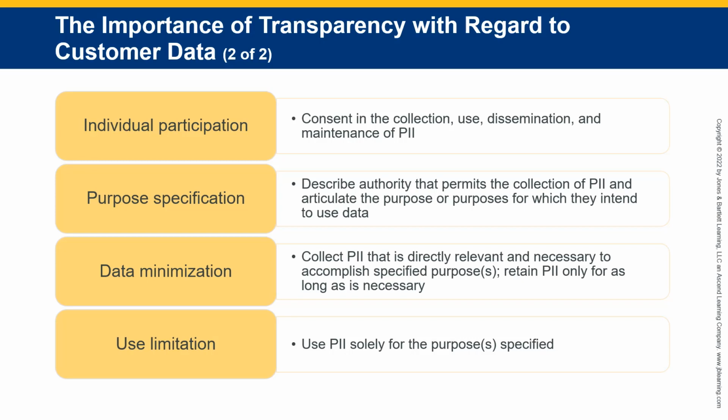Data minimization. Collect PII that is directly relevant and necessary to accomplish specified purposes. Retain PII only for as long as it is necessary. Use limitation. Use PII solely for the purpose specified.